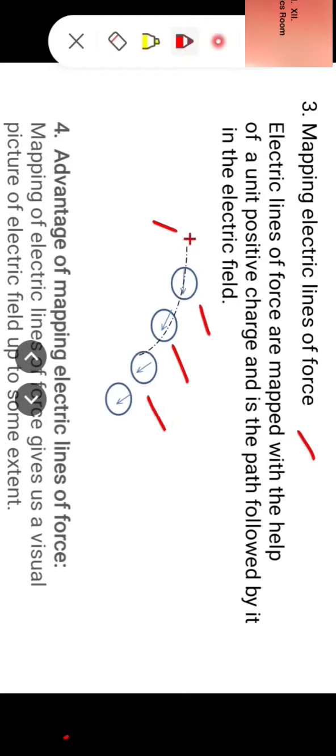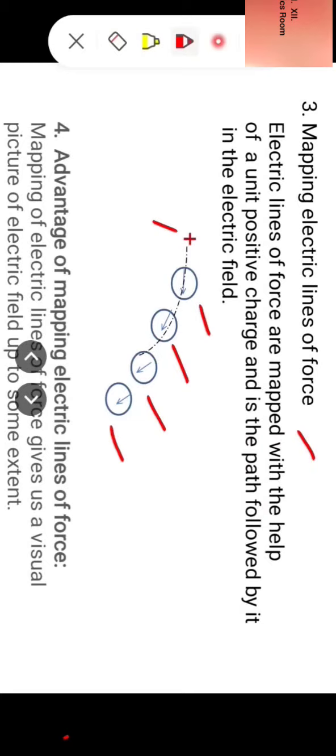We mark the point of tail and tip, and again we shift to the other point. We mark the point of tail and tip, and then we join all the tails and tips by dotted lines, and that dotted line will give us the electric line of force. This is how we map electric lines of force.